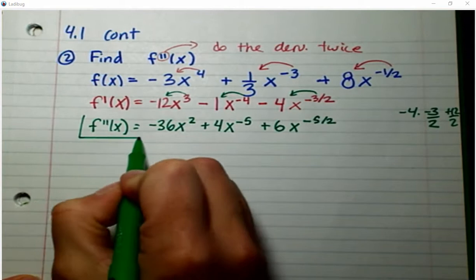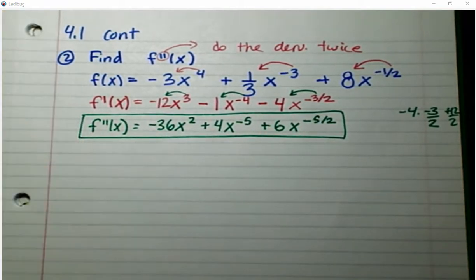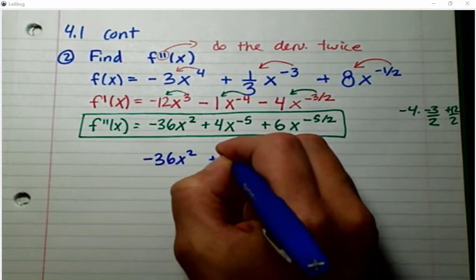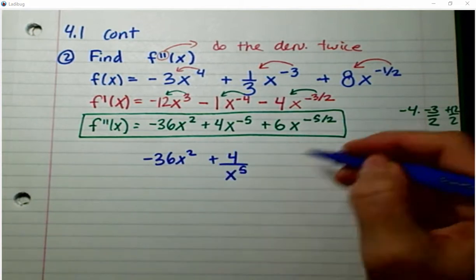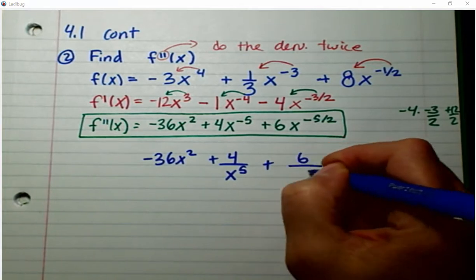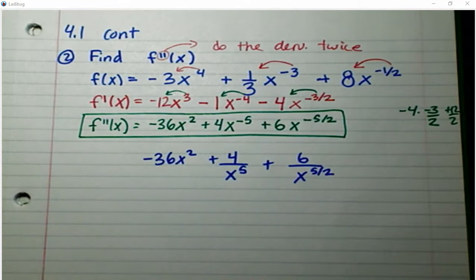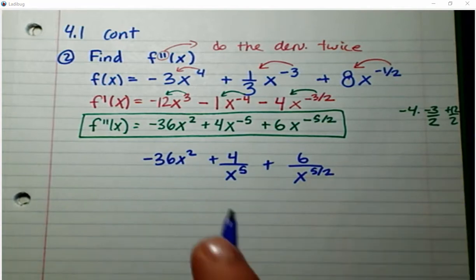Okay, I'm going to rewrite it just so that you can see what that would look like. Now, it didn't say rewrite it. It just said find the second derivative. Now the other format is possibly, see that 5 is moving, the x to the 5th, 6x to the 5 over 2. So maybe you just write it with positive exponents. Maybe you turn this one into a radical.